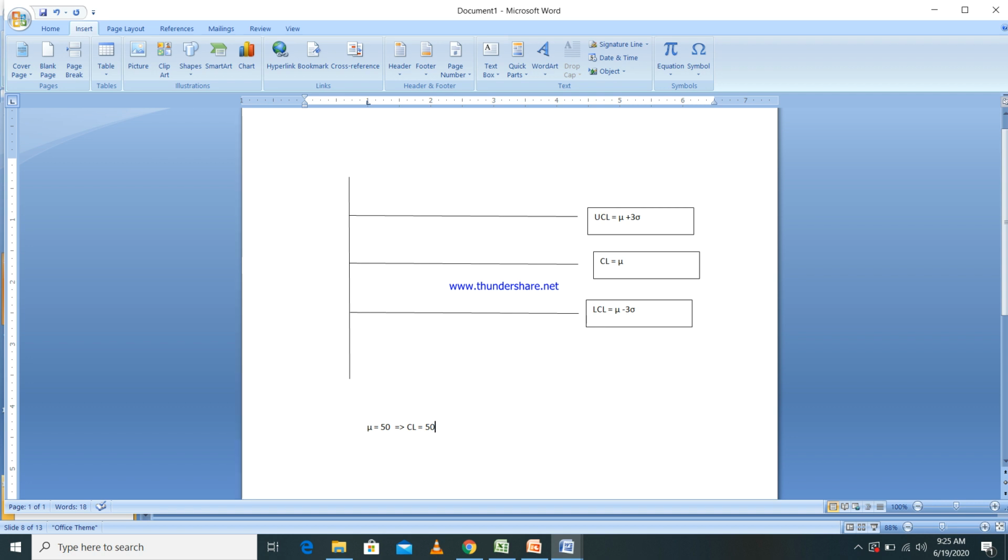Now you know the central line value, and then you have to construct the upper control limit and the lower control limit.